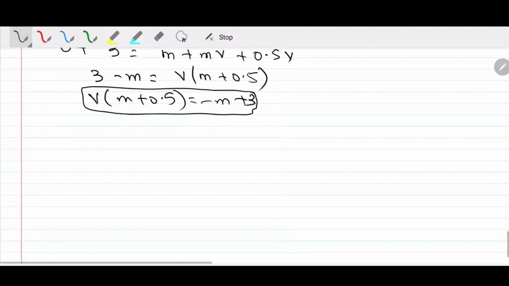In 16 part 2, you are told that Q and P are now projected towards each other. So this is Q, this is P, this is m, this is 0.5. Initial velocity is 4.